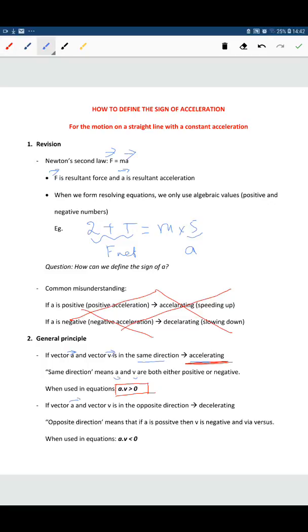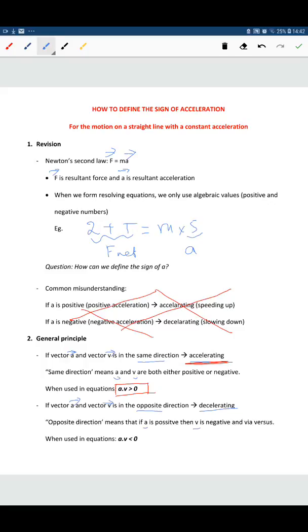And if vector a and vector v are in opposite directions, then the object is decelerating. Opposite direction means that the value of a and the value of v have different signs. If a is positive, then v is negative.